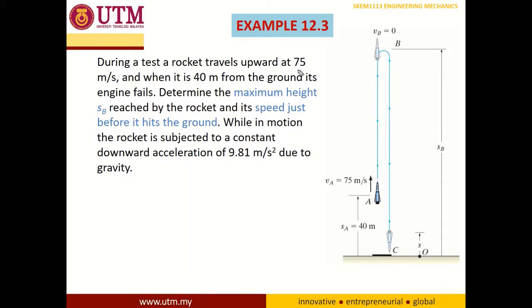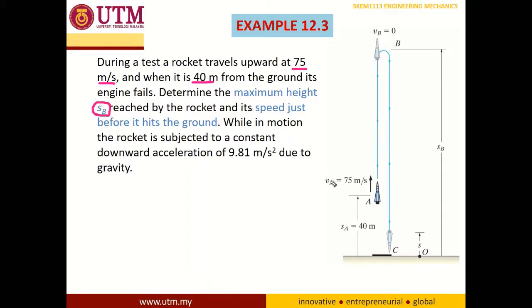The rocket travels upward, and this is the velocity when the rocket travels. At the moment it reaches a position of 40 meters from the ground, the engine fails, and then we have to find the maximum height SB.